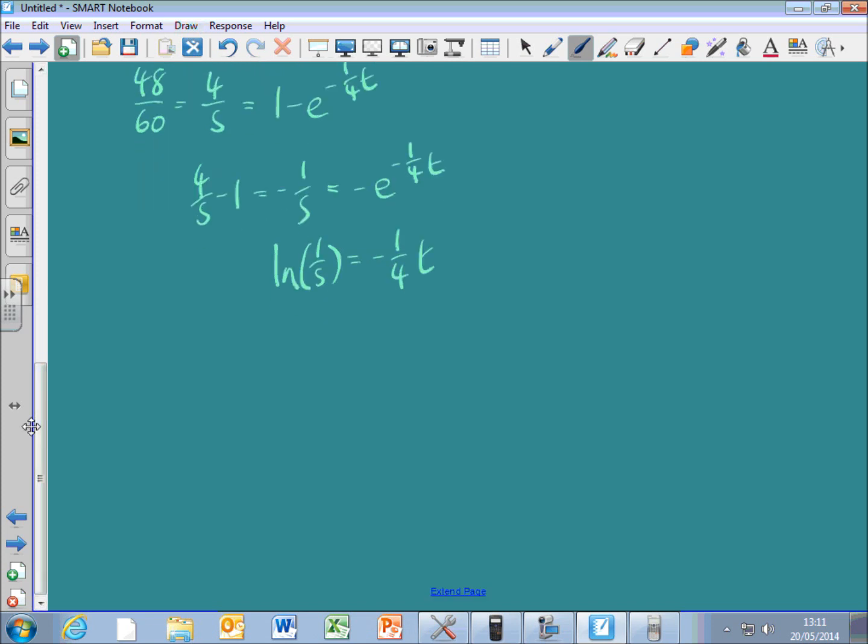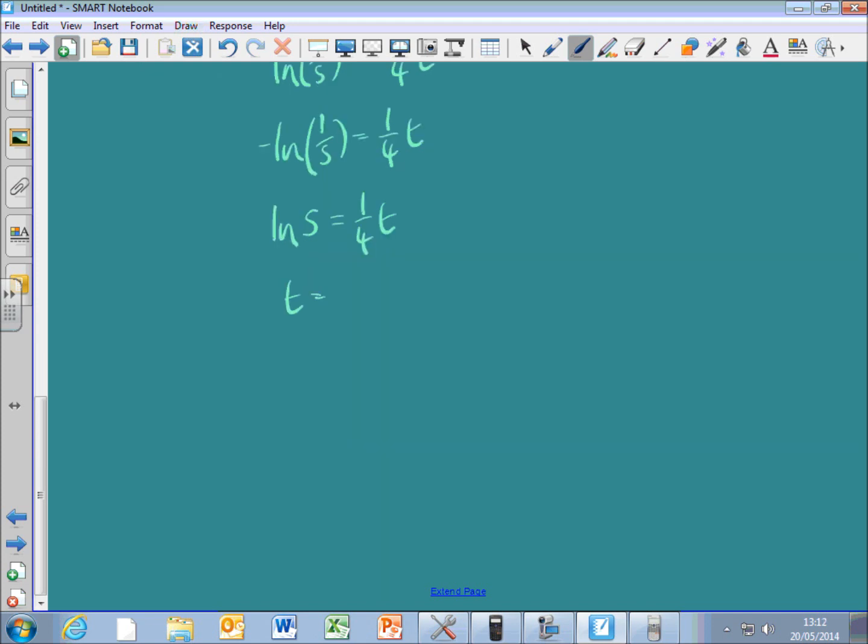Okay, and again I can times both sides by -1. So I get this, and the negative can come inside the ln and make that just 5 equals a quarter t, and so t equals 4 ln 5. Okay, and so A is 4 and B is 5.